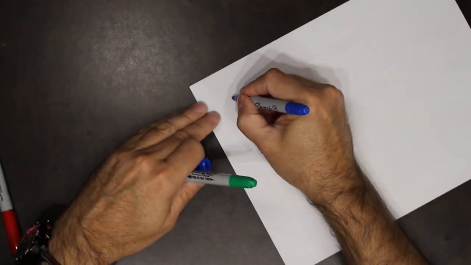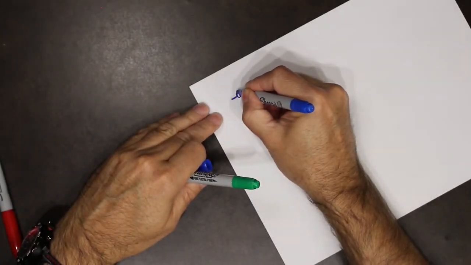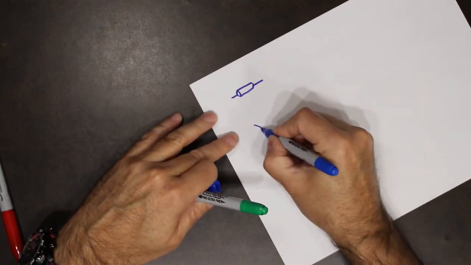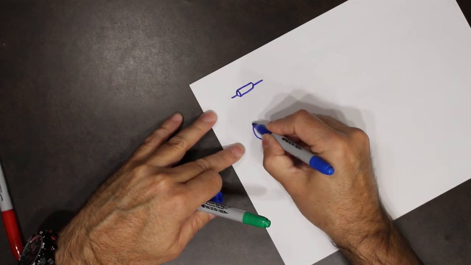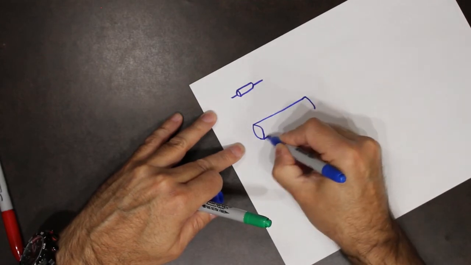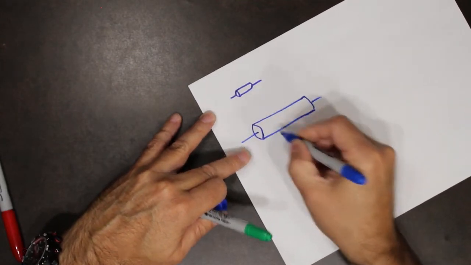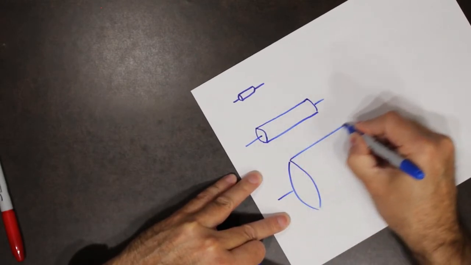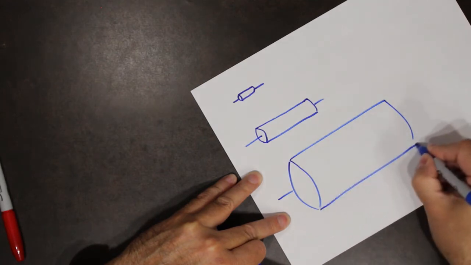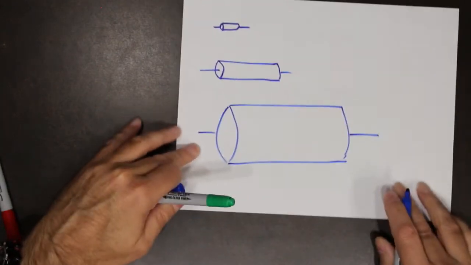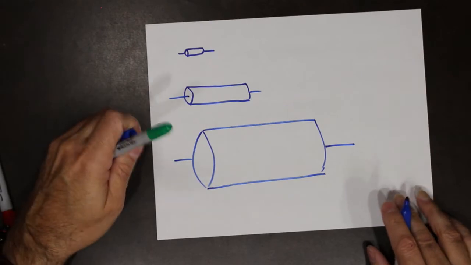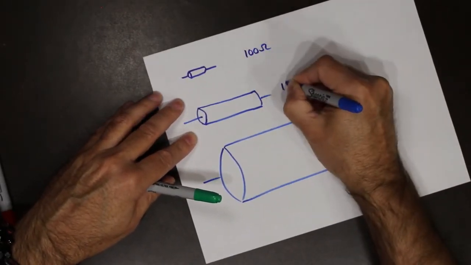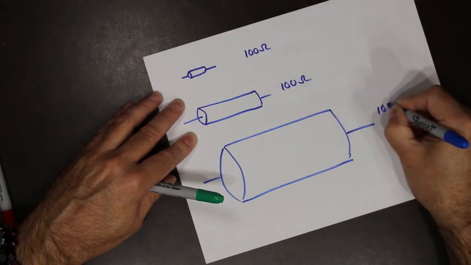So if we had a small resistor, a medium-sized resistor, or a large resistor, they might all be 100 ohms, 100 ohms, 100 ohms.